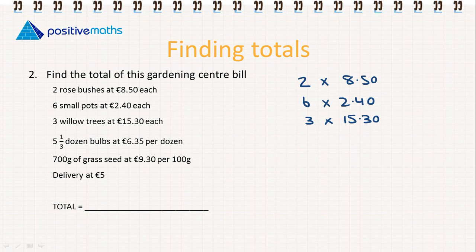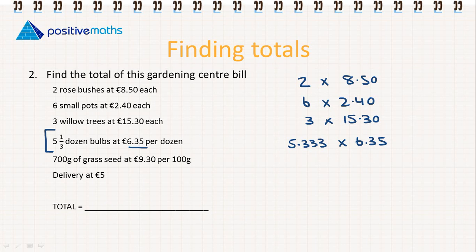The next one is slightly different to what we'd seen before. We have 5 1/3 dozen bulbs at $6.35 per dozen. So we're going to change this into a decimal. So it's going to be 5.333 multiplied by 6.35. That will help us to find the 5 1/3 dozen.